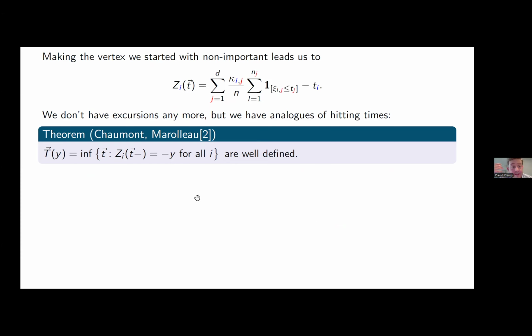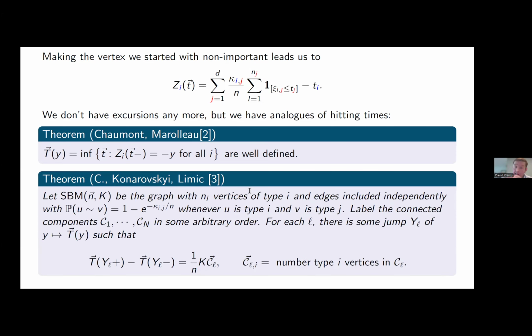Okay. And for this first hitting time argument, there's this nice theorem by Chaumont and Marleau that says essentially there's a well-defined vector-valued first hitting time, for simultaneous first hitting times of negative levels. And then in a joint work with Vitali and Vladimir, we were able to show, in a more general setting, that you can encode the stochastic block model with this connection parameter kappa using the jumps of this first hitting time.